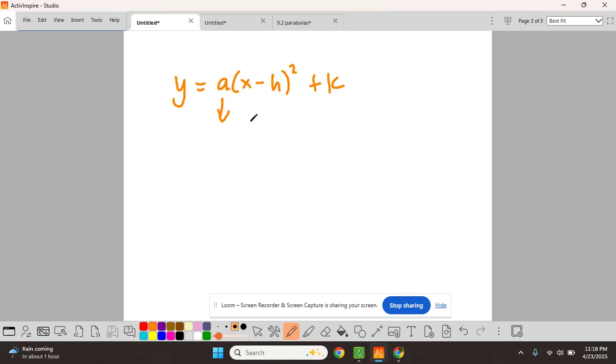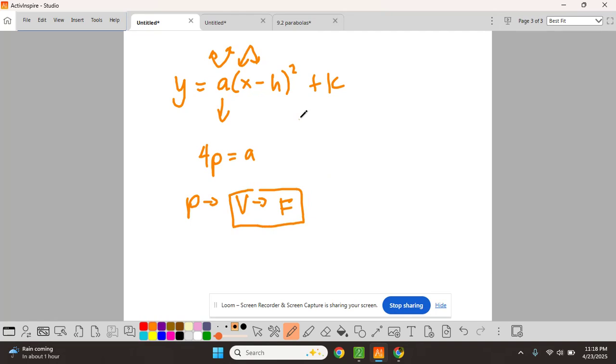Wherein a talks about so many things. The direction if it opens upward or downward. A also defines that 4p is equal to a. What's p? P is the distance from the vertex to the focus. That tells you the distance from the vertex to the focus.